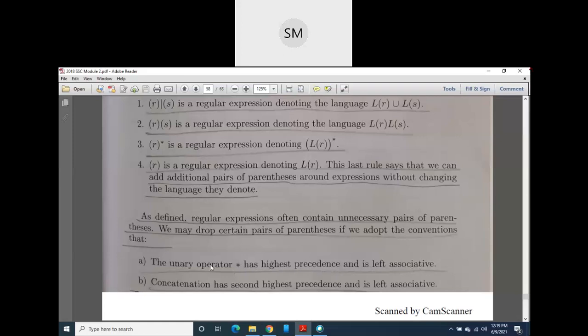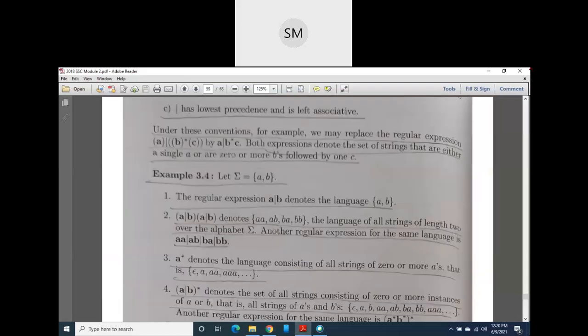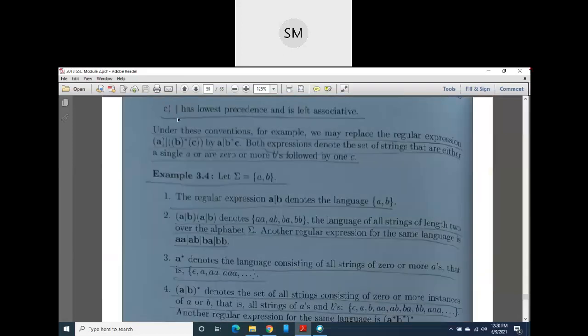So wherever star comes, first we should concentrate on this and solve it, that is 0 or more. Then concatenation has the second priority, and its associativity is also left to right. Then union, the vertical pipeline, has the lowest precedence and its associativity is also left to right.